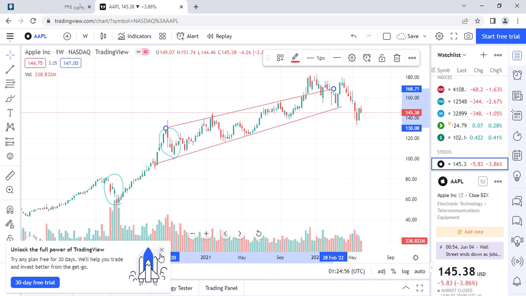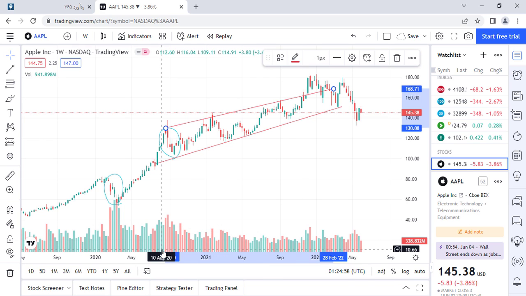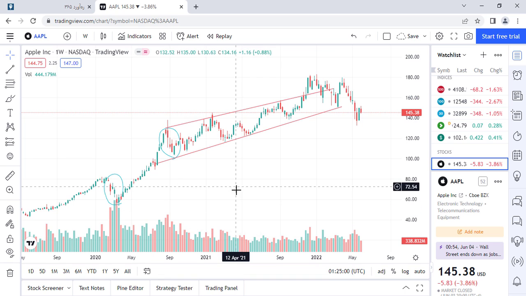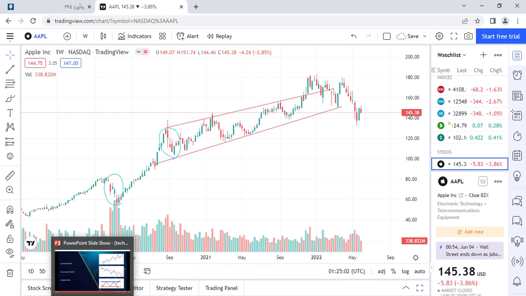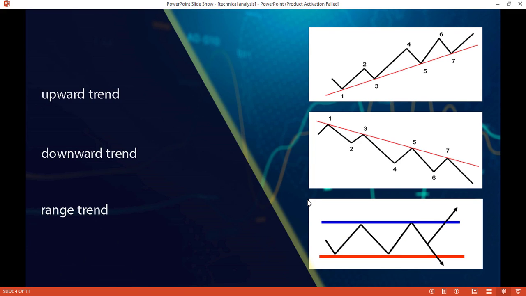This was a description about support and resistance, and you need to pay attention to which line has a better performance for you.